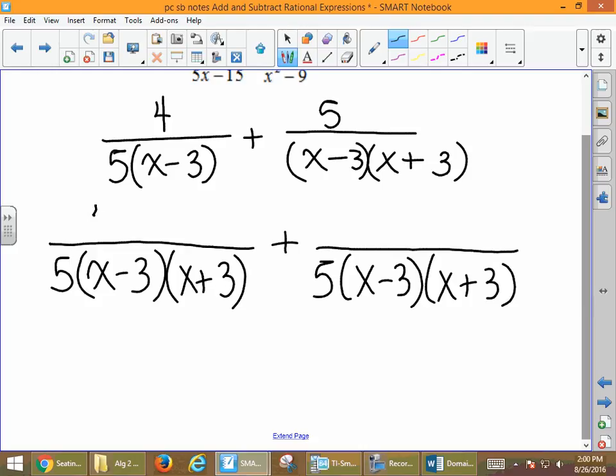And we ask ourselves then, what did we have originally? Well, we had the 5 originally, and we had the x minus 3. But now we also have an x plus 3 in the denominator. And since we have an x plus 3 that we just put into the denominator, we need to put an x plus 3 in the numerator also.